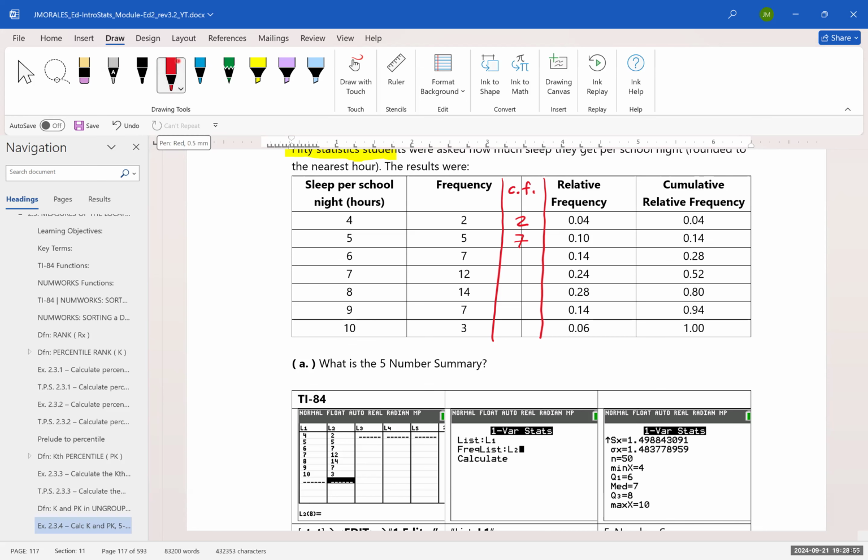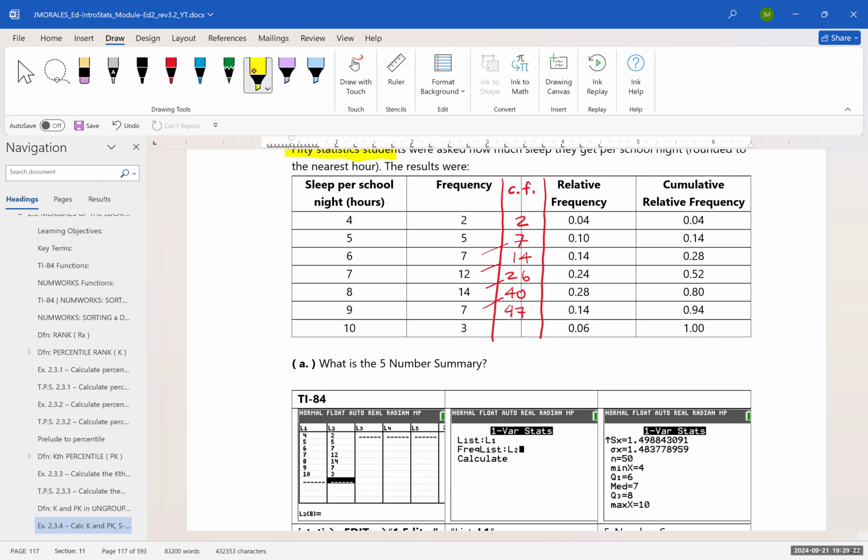For 6 hours of sleep, it'll be 7 plus 7, which will be 14. The cumulative frequency for 7 hours of sleep will be 12 plus 14, which is 26. For 8 hours of sleep, it's going to be 14 plus 26, which is 40. And for 9 hours of sleep, it's going to be 7 plus 40, which will be 47.